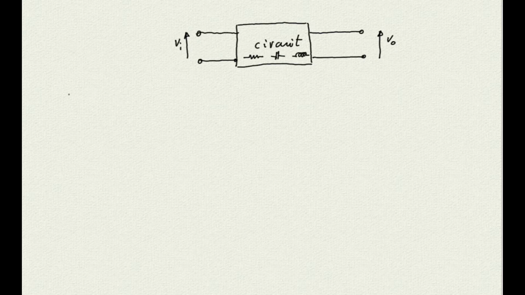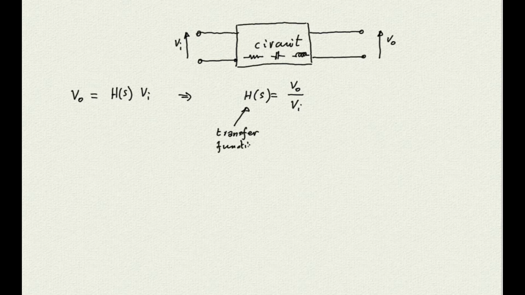Now that we know that we can work with all these components, like they were all resistors, by using the Laplace transform, we can figure that we can find some sort of function H(s) that creates a causal relation between the input and the output signals. We can even define this function as the ratio between the output signal and the input signal. The function H(s) is defined as the transfer function of the circuit.